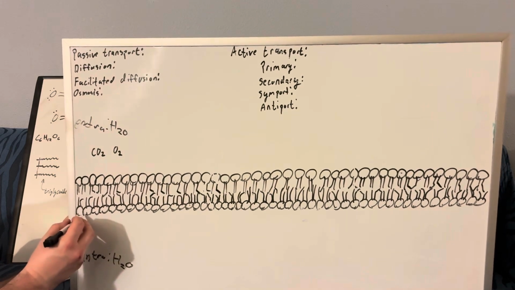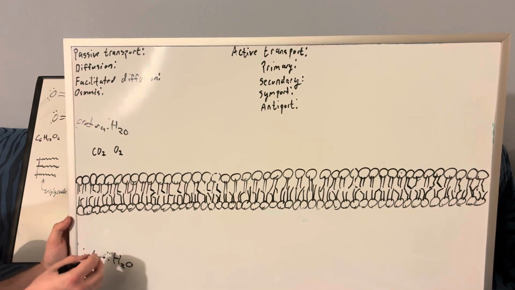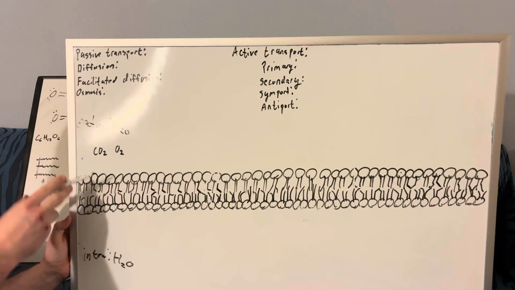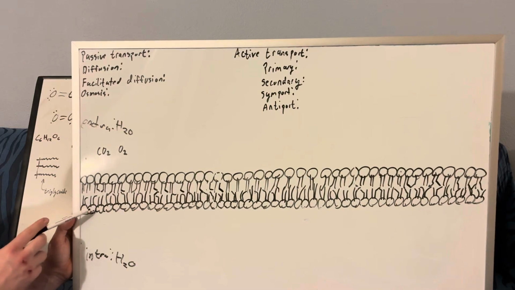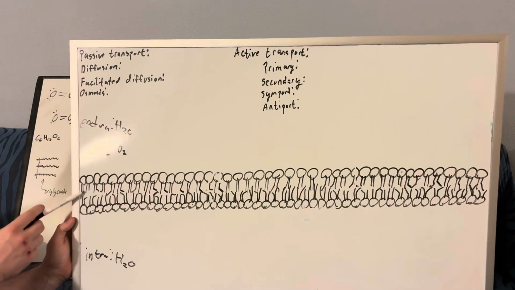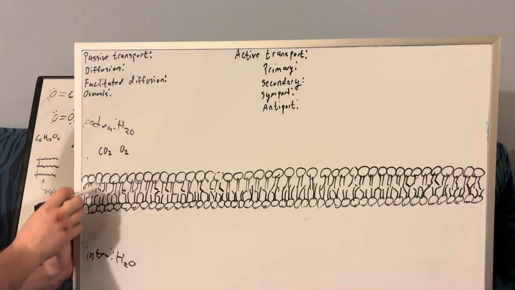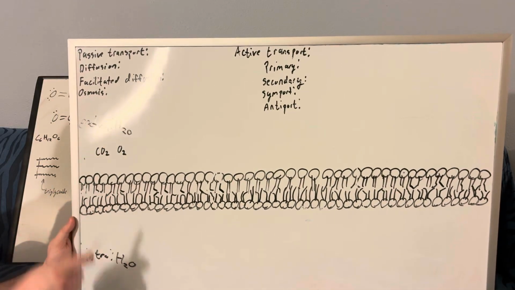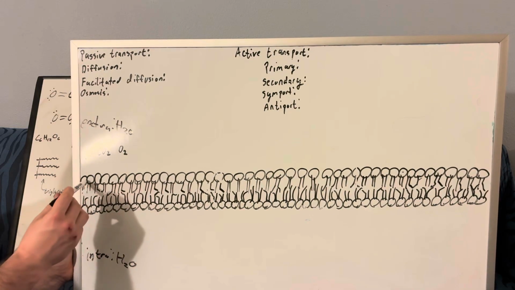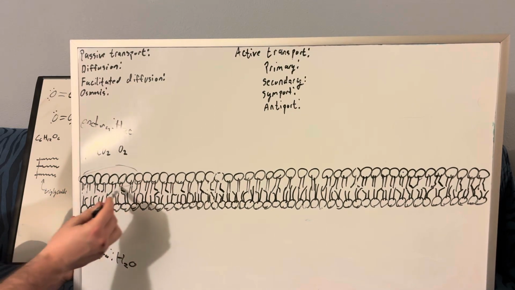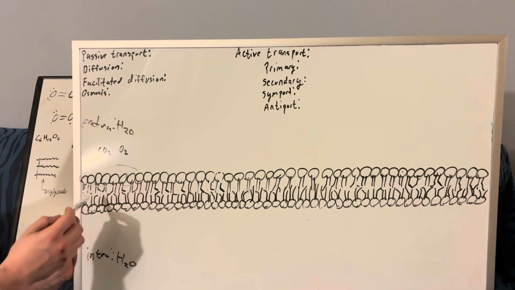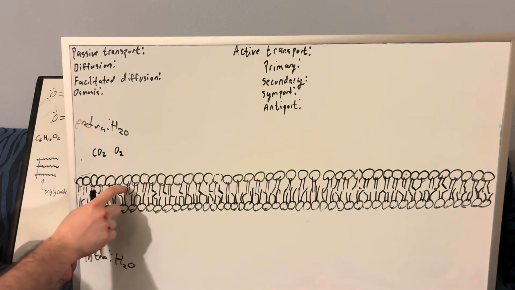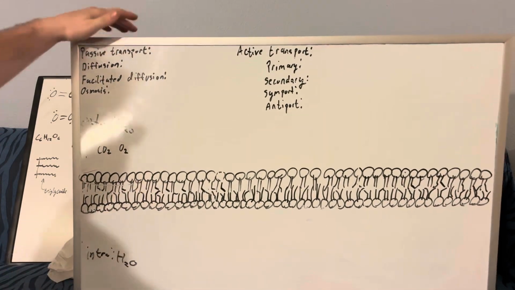So these hydrophilic polar heads want to be by the water, on the outside of the cell and inside the cell, and the hydrophobic tails orient themselves inward, away from the water. They're protected from the water by the phosphate heads. So we have a first layer of hydrophilic heads, then all our hydrophobic tails, and another layer of hydrophilic heads. So that's the cell membrane.